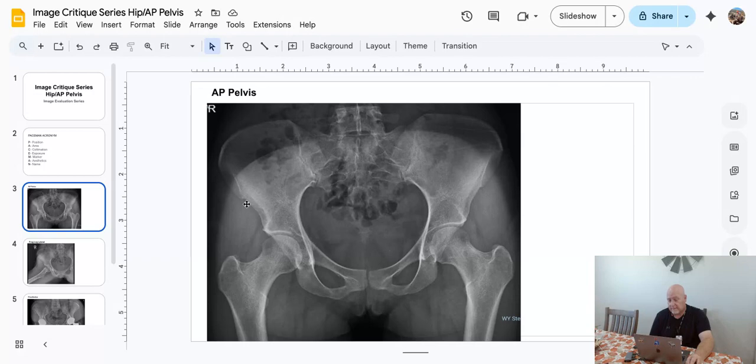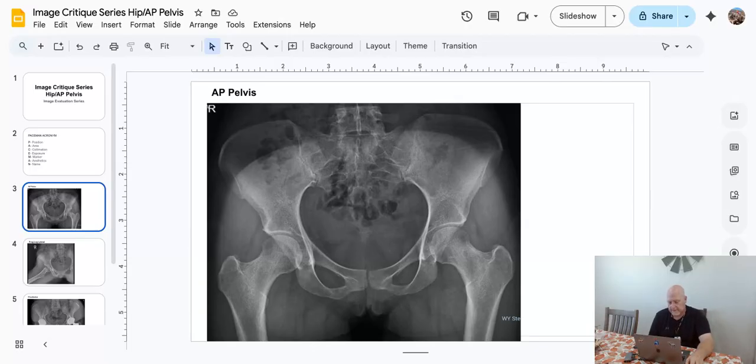That is your ASIS, or your anterior superior iliac spine. And down here a little bit lower where you see these little pointy ears, that is the anterior inferior iliac spine, which is less known. Yeah, and you'll hear me talk about the ASIS, or the anterior superior iliac spine, a lot, because that's a popular landmark, especially when shooting hips.